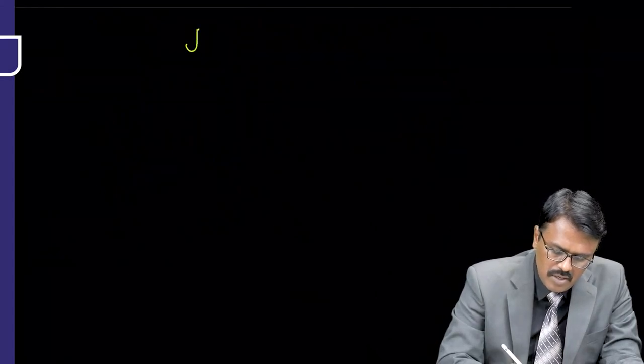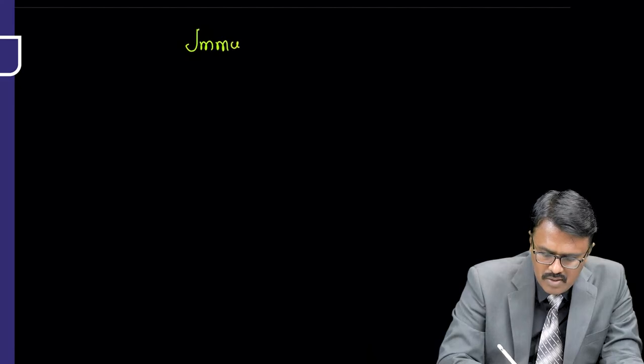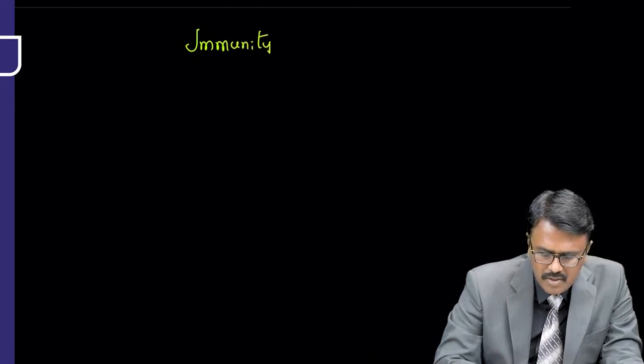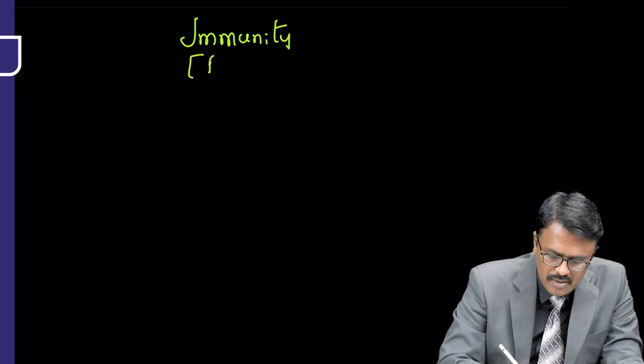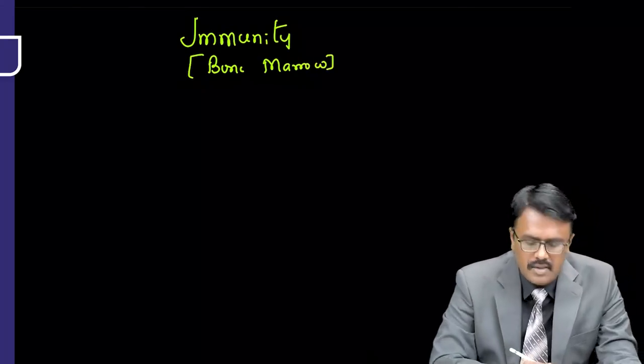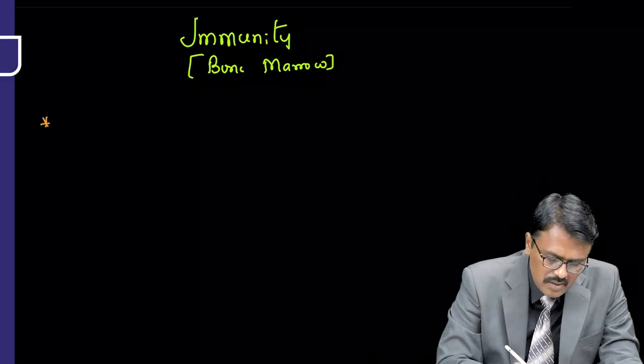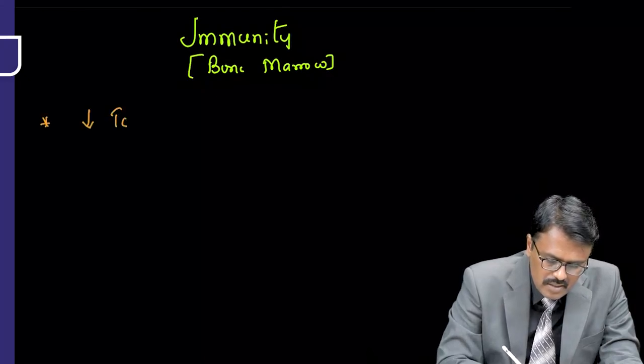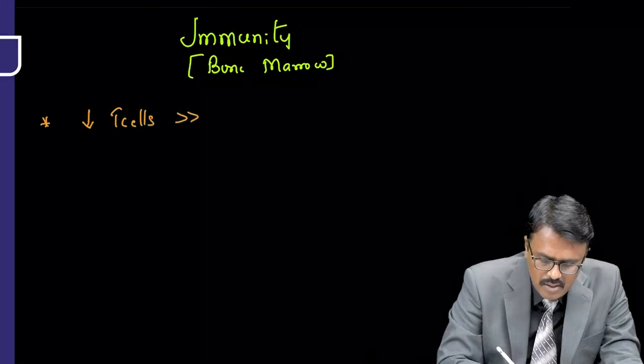The next important aspect, what will they do with the immunity? Particularly in bone marrow, do they have any effect on immune cells? Now please understand, these steroids decrease T cells more than B cells.